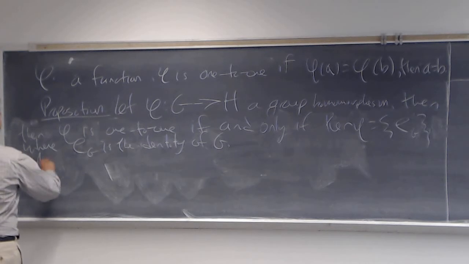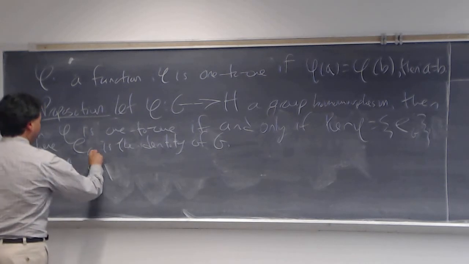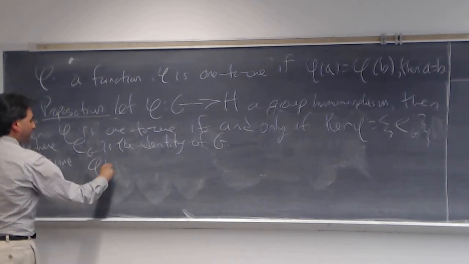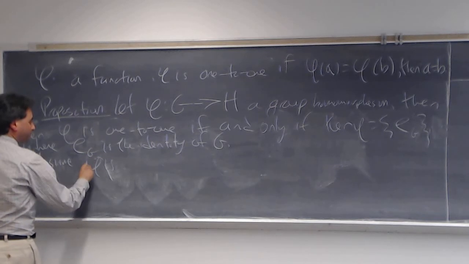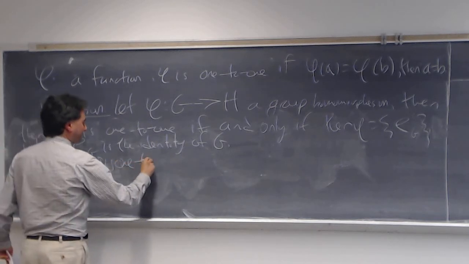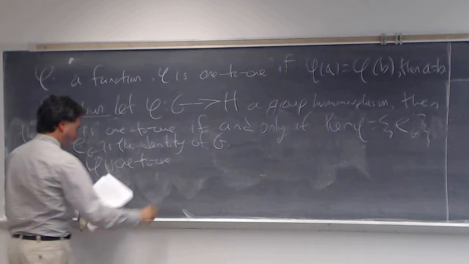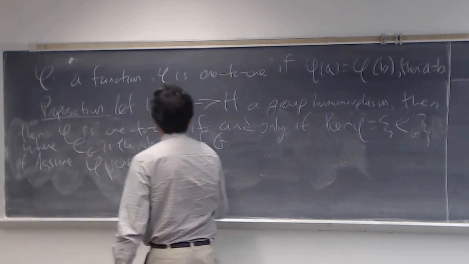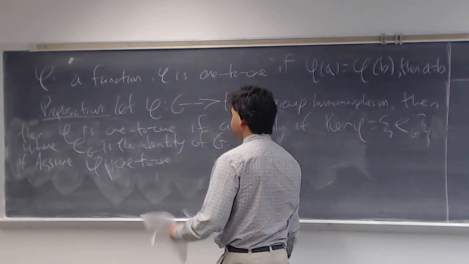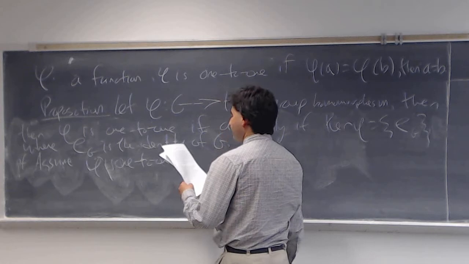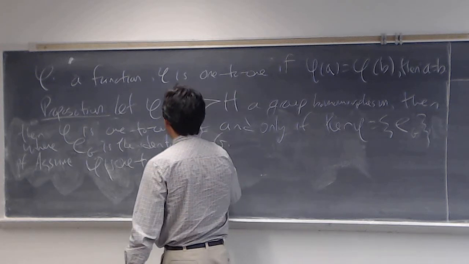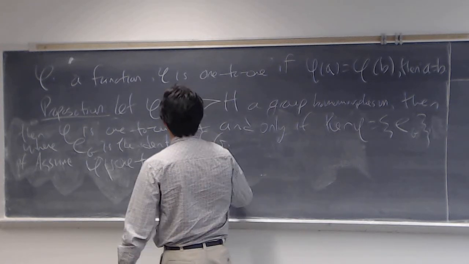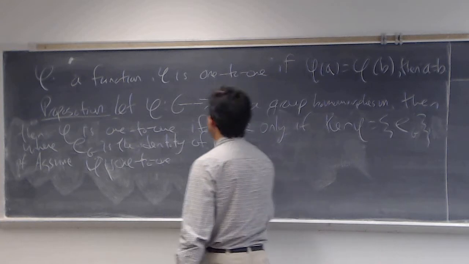So first, let's assume phi is one-to-one. So what does that tell us? We want to show that e_G is the only thing in the kernel.